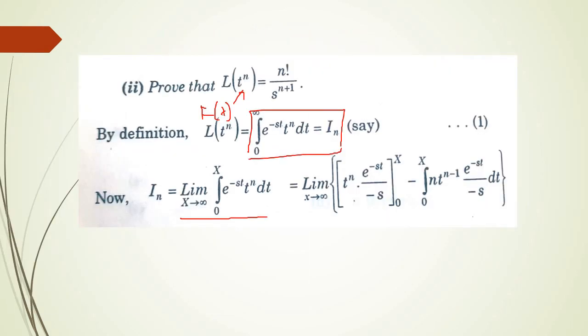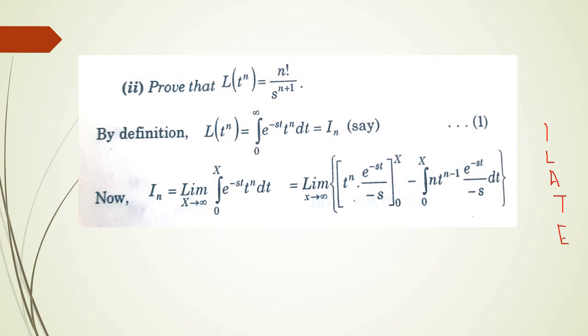In this example, there are two time dependent functions, so we have to determine among them which one is u and which one is v. To do that, let us write ILATE again over here: I, L, A, T, E. From up to down integrating tendency increases, as you all know.